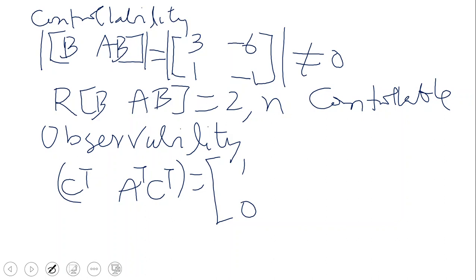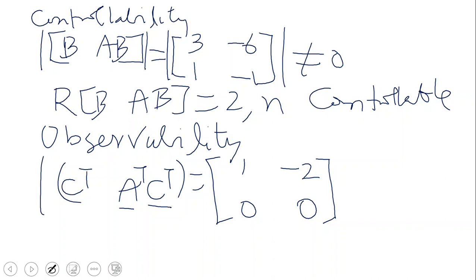Transpose of A you can find out, and if you multiply AT with CT, you will get minus 2, 0. Find out AT, then find out CT, and multiply; you will get the matrix with columns 1, 0 and minus 2, 0.